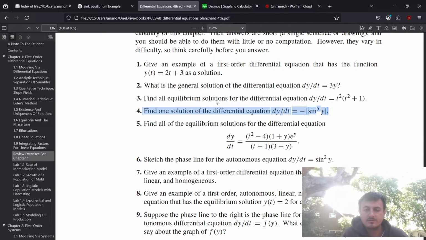Find all the equilibrium solutions of this differential equation. I think it's just y of t is equal to minus 1. I think that's the only one.